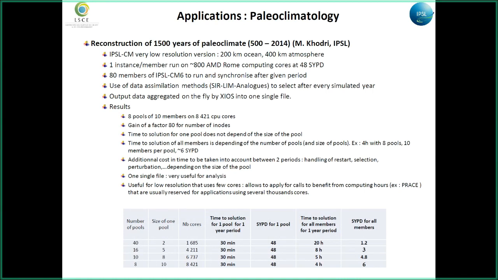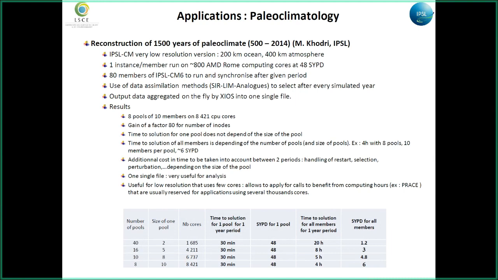One instance of this configuration runs on about 800 cores at 48 simulated years per day. And to do this case, we need to run 80 members of the model and synchronize them on a given period. We will use the data assimilation method to select the different members after every simulated year.